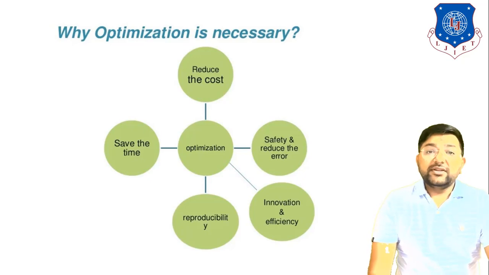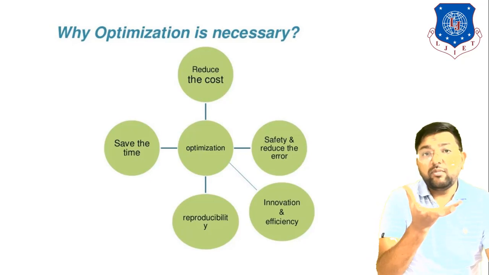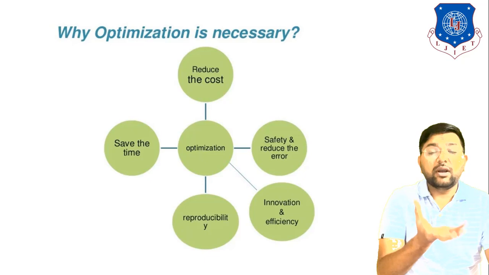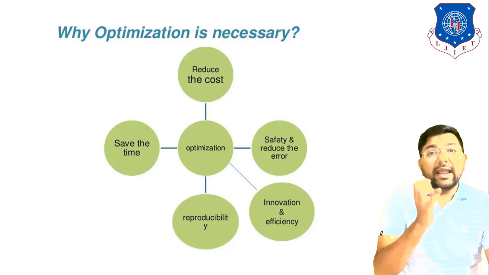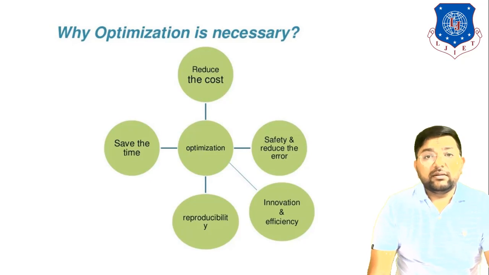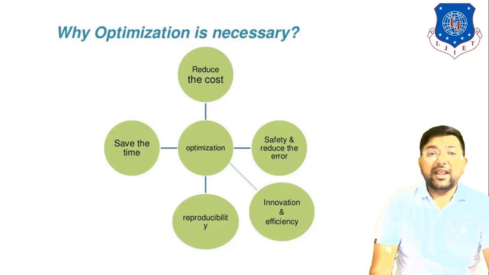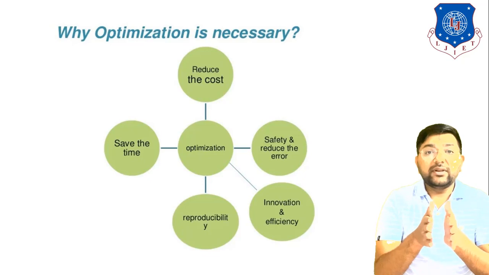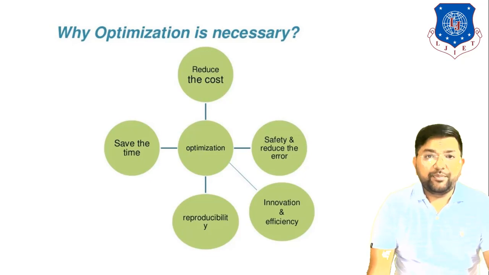Optimization is necessary because we have to create a model or a product with low cost, high accuracy and high quality. First parameter: because of optimization we can reduce the cost of the product. Second, from optimization we can save the time duration for manufacturing any product.